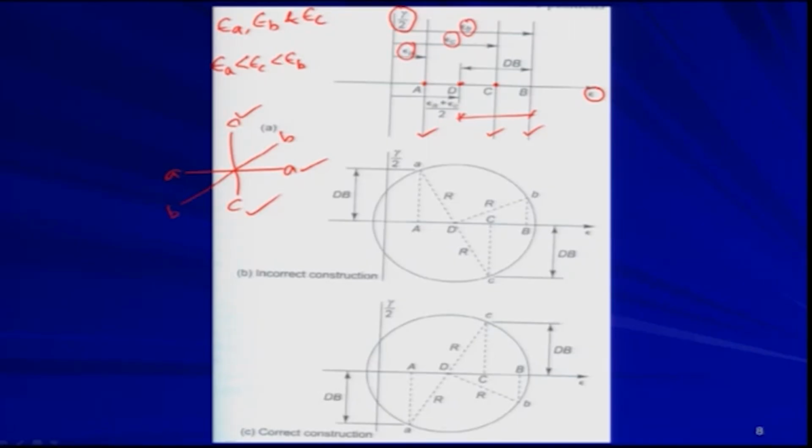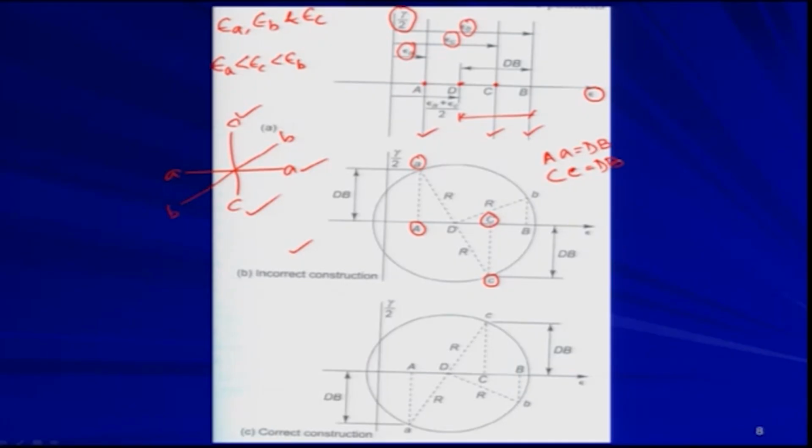Now, come to this figure, lay off AA and lay off CC on the vertical lines in such a way that AA is equal to dB and CC is equal to dB.